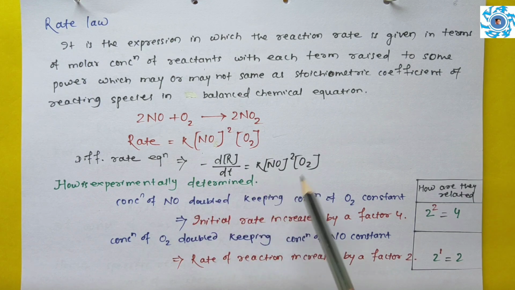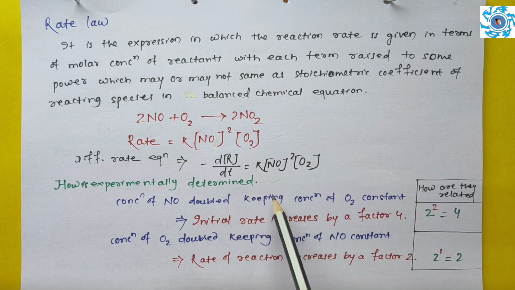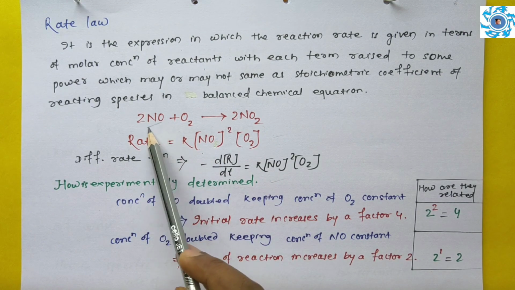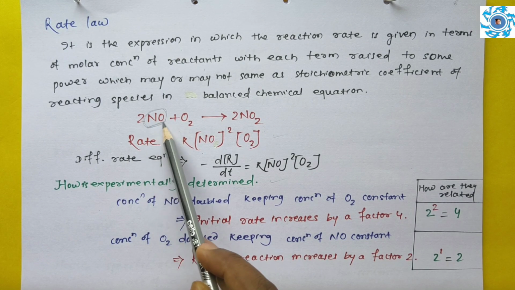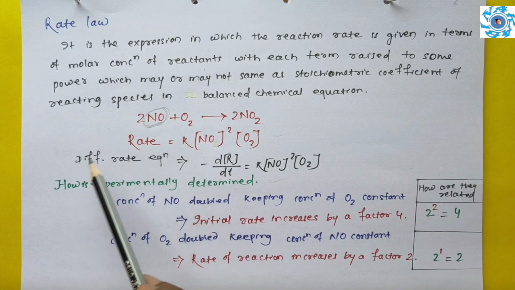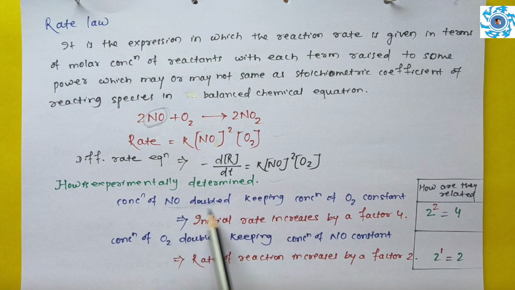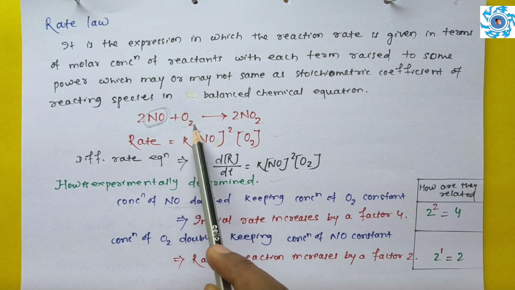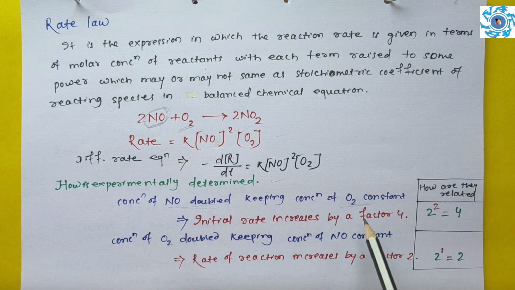So how is it determined experimentally? Let's know about that. When this experiment is conducted practically, suppose we increase the concentration of nitric oxide twice. That means we doubled the concentration of nitric oxide and kept the oxygen concentration constant.